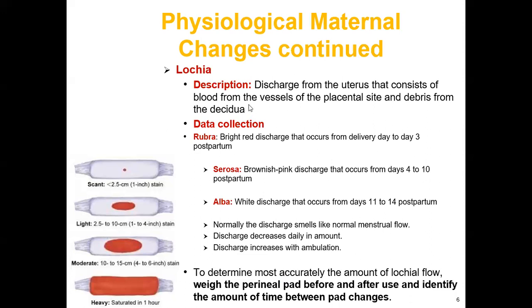Mothers are not educated like a doctor or RN, so they do not say the amount. An easy way to measure is the number of pads, how many get wet per day, right? Scanty is less than 2.5 centimeters, and heavy bleeding is saturating a pad in 1 hour.